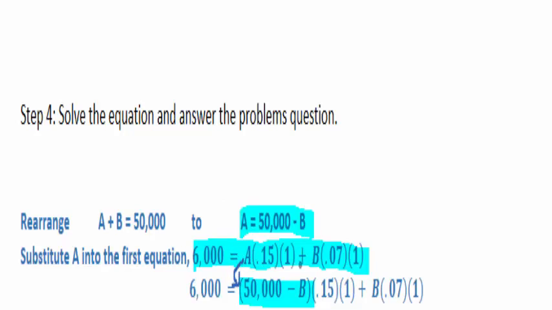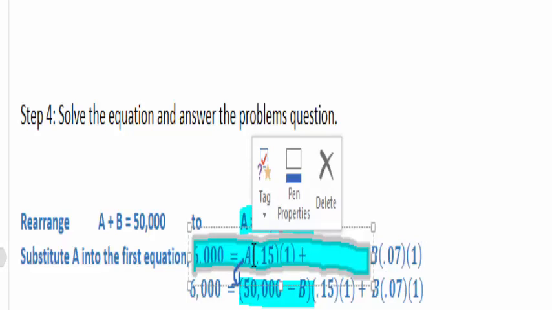And then everything else comes down, times 0.15 times 1 plus B times 0.07 times 1.